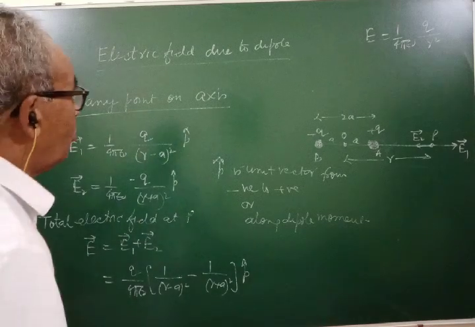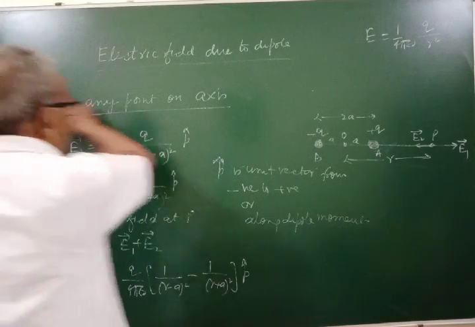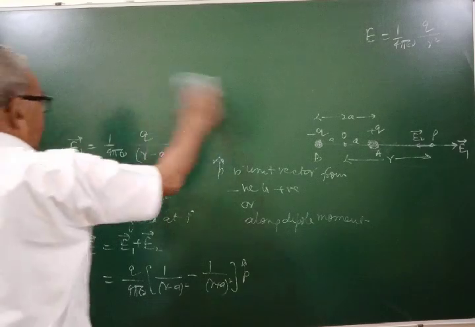Here the LCM will be (r square minus a square) whole square.